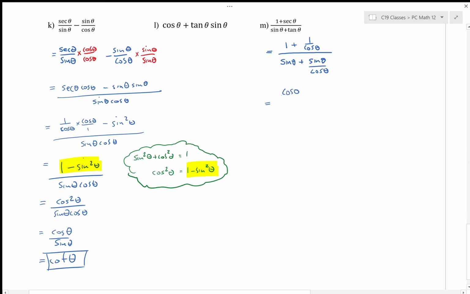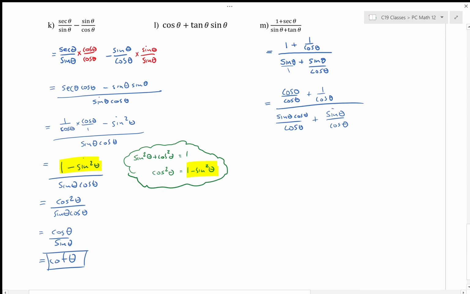Cosine theta over cosine theta plus 1 over cosine theta. So that's my numerator. 1 is cosine theta over cosine theta. And the second one, this sine over 1 that I have here, needs to be over cosine theta so I can put it together. So it's going to end up being sine theta cosine theta over cosine theta plus sine theta over cosine theta.